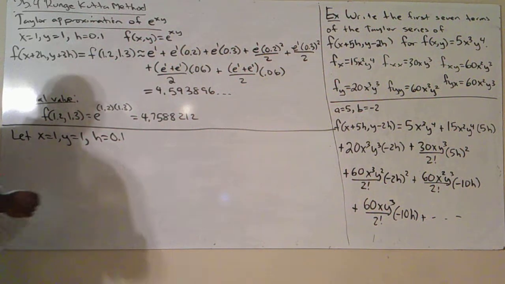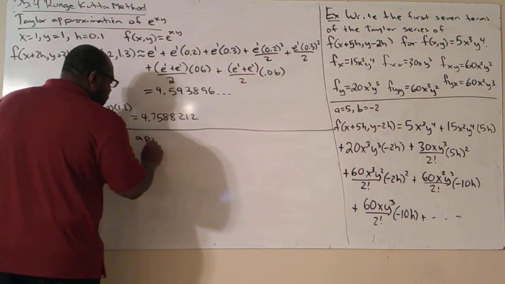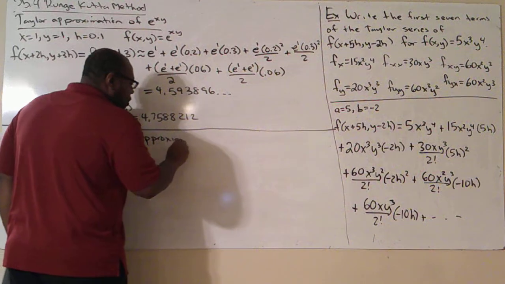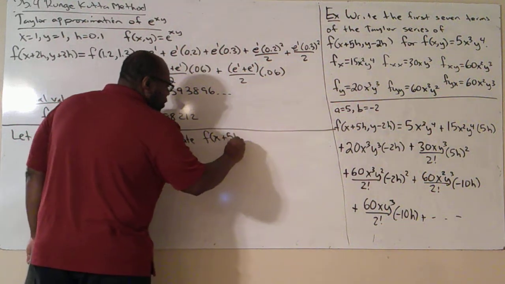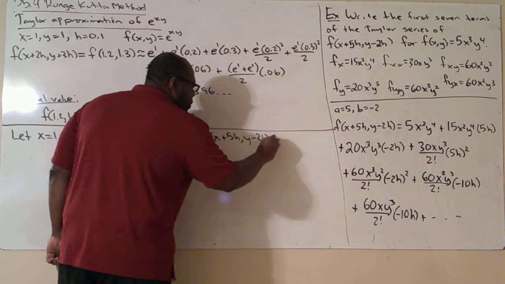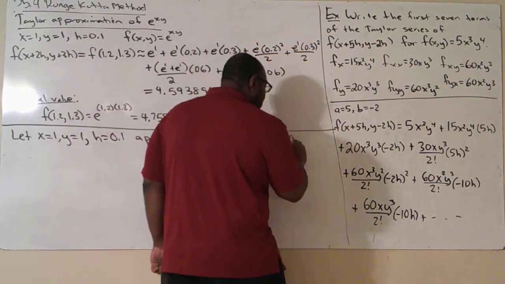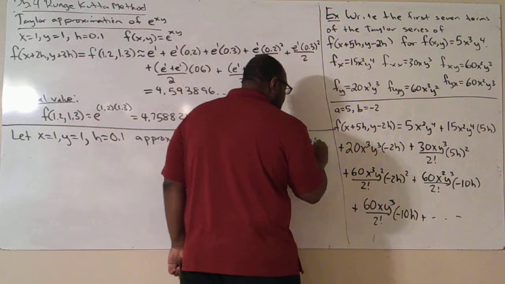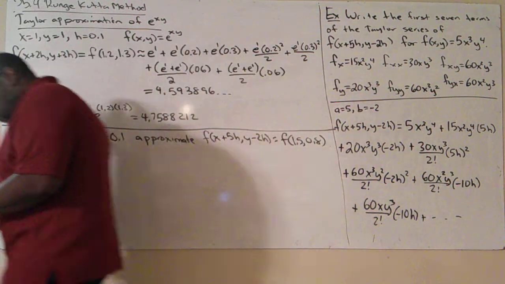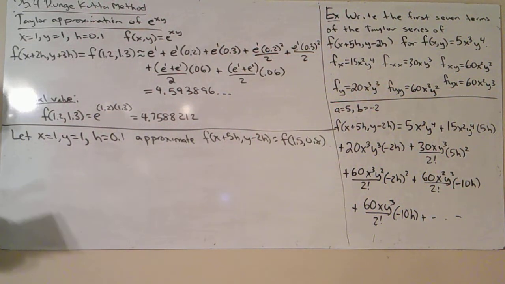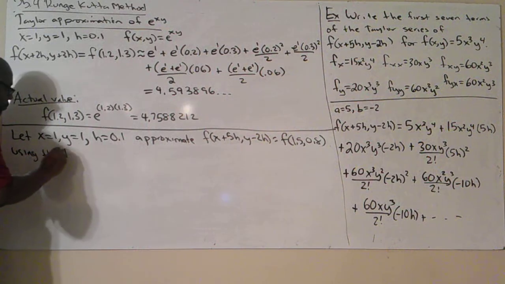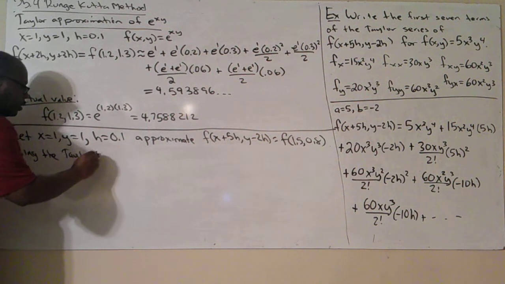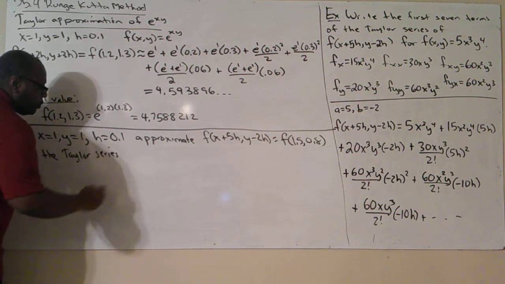Let's approximate f of x plus 5h, y minus 2h, which is going to be f of 1.5, I believe, and 0.8, using the Taylor series. Okay.